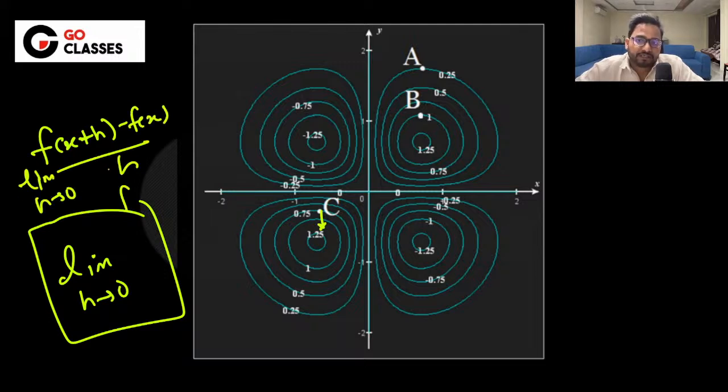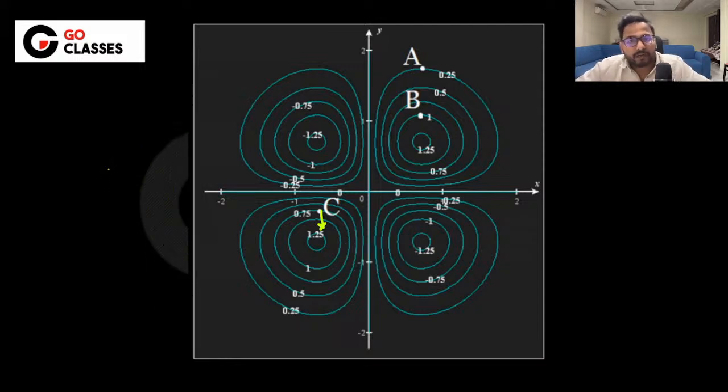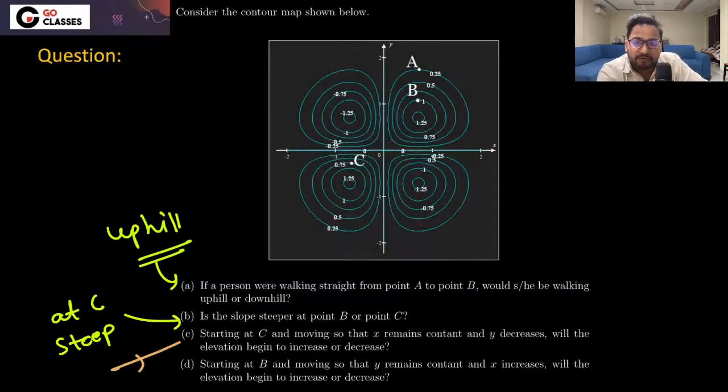This is f dash x; you might remember this. So in calculus or machine learning, we always talk in terms of neighborhood. If you tell me what is happening immediately, you will say it is uphill, or that elevation will increase.